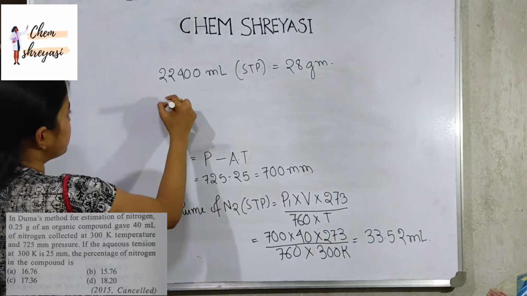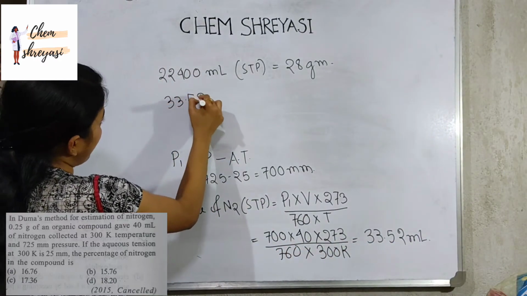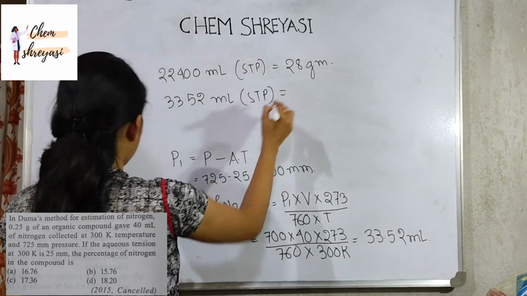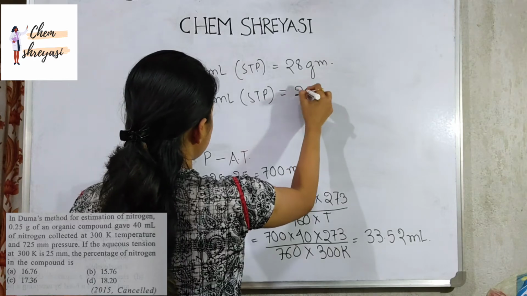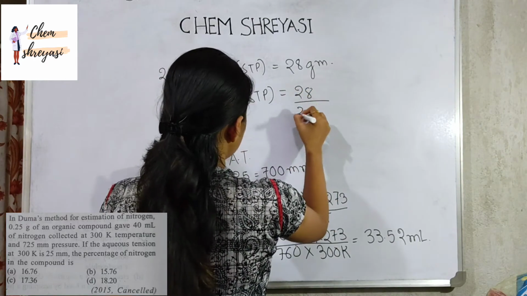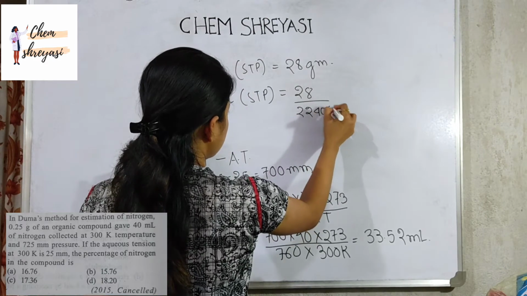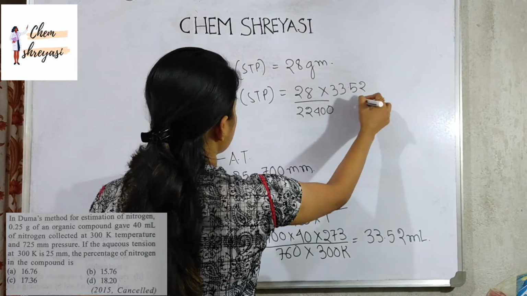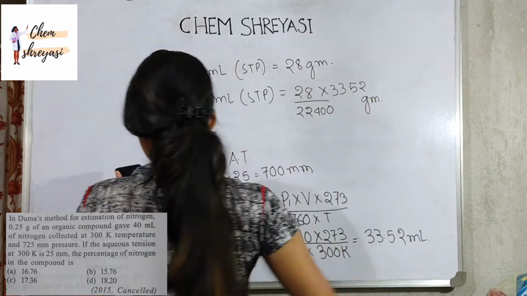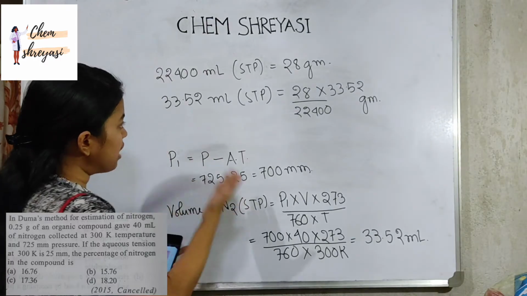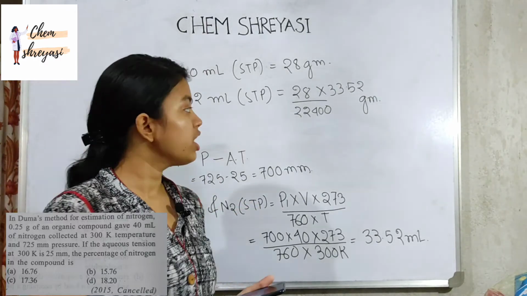So we have to calculate it in such a way that 33.52 ml of nitrogen at standard temperature and pressure contains 28 by 22,400 into 33.52 gram of nitrogen.